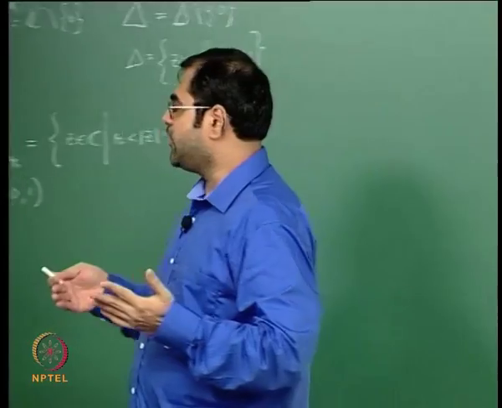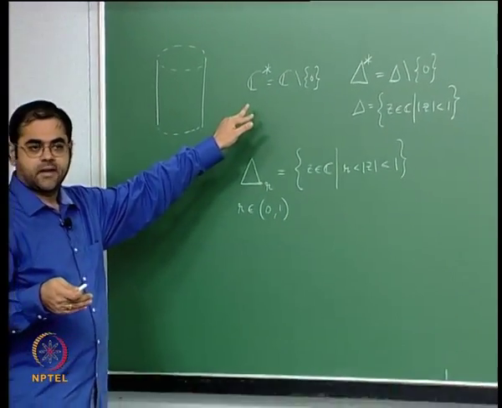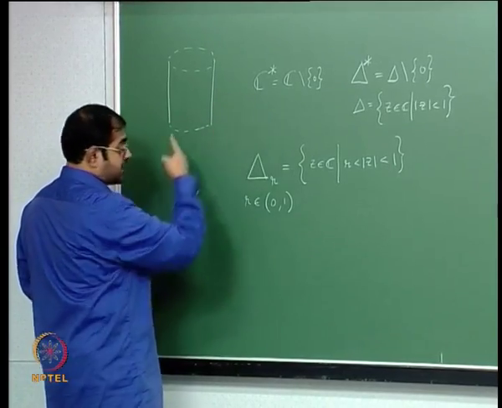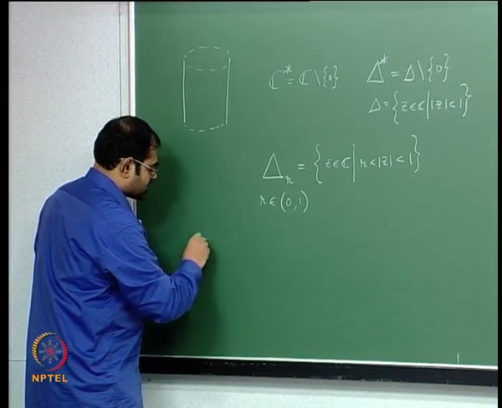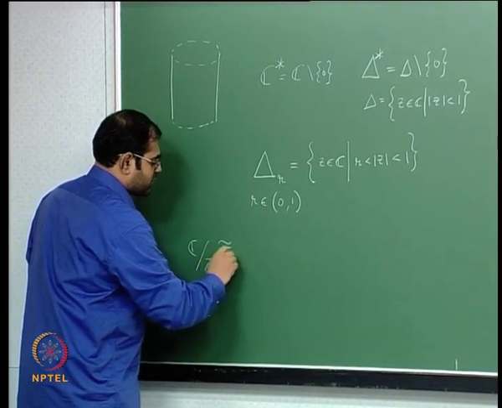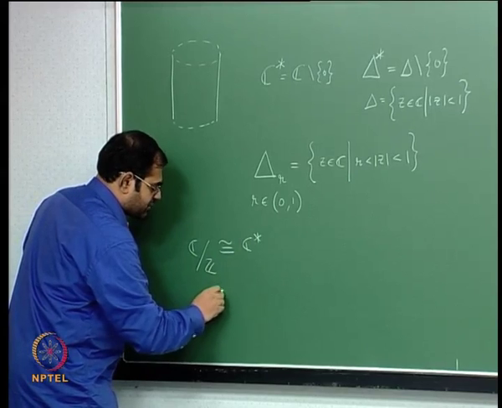I told you that the standard representative is C star, and to show that C star is C mod Z, I told you that C mod Z is isomorphic to C star by considering the exponential map.